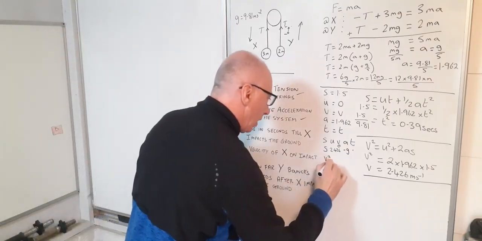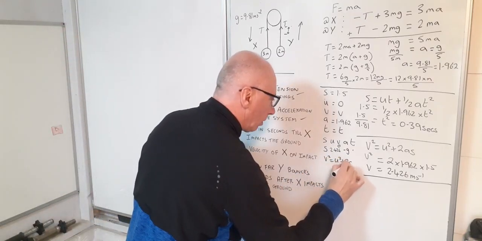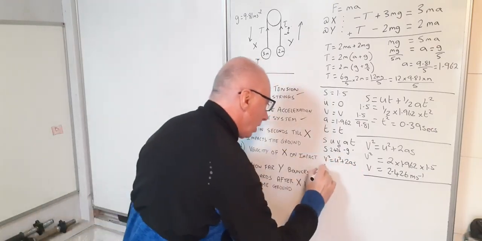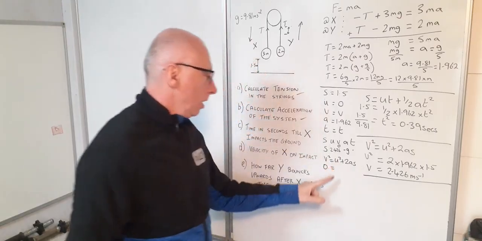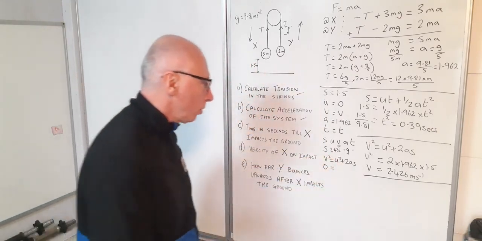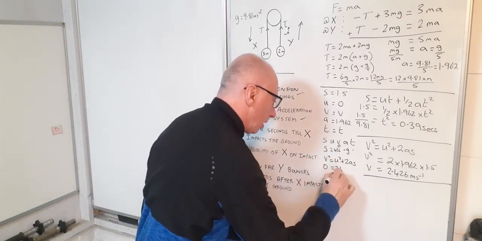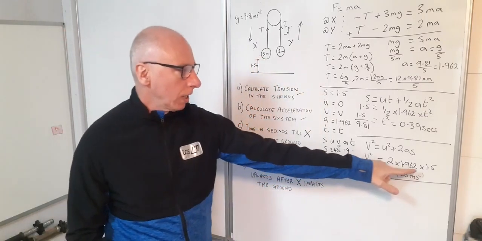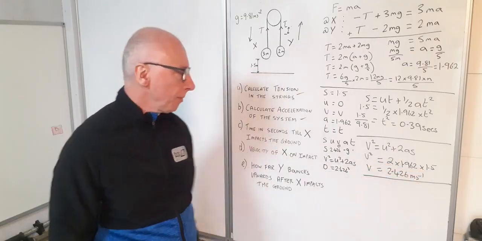So let's write that in there. So V is 0. U squared is 2.426 squared. So we would have had that when we was working our calculation here. So that's what it is there.